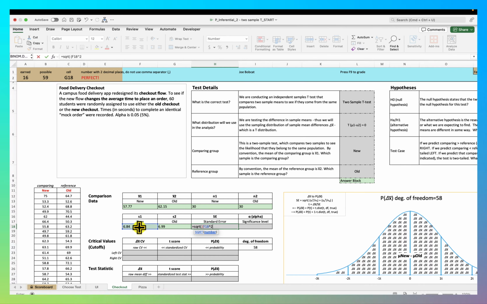So that squared divided by n1, plus this one squared divided by n2. You're probably wondering, why do we have to square it? Because we're taking the square root. So square it and take the square root, you're kind of right back where you started. But this time after you've done the division.